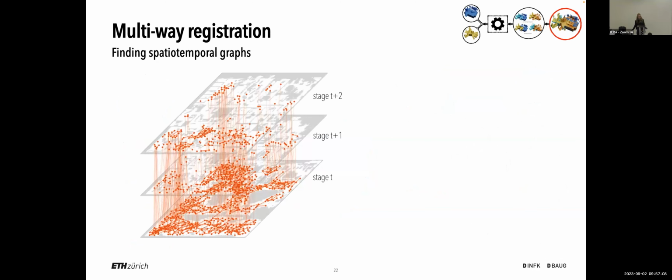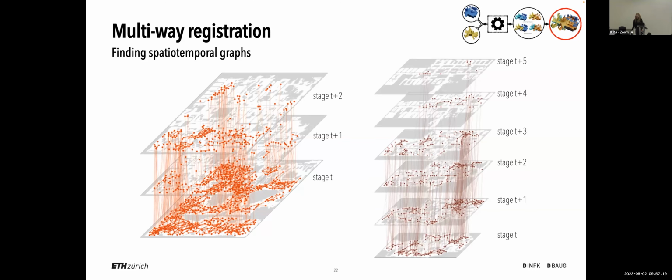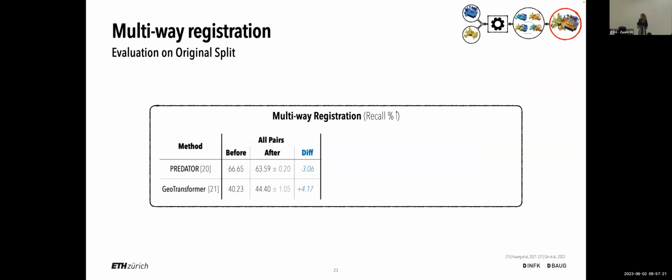This is how spatiotemporal graphs look like in our setting for the test set. Here is another case. Just see how dense they are. These are the results. As you can see, we have the top two best performing methods, Predator and GeoTransformer. You see there's a little bit of a conflict. Some values are going up, some are going down. Here is the pairwise registration results.